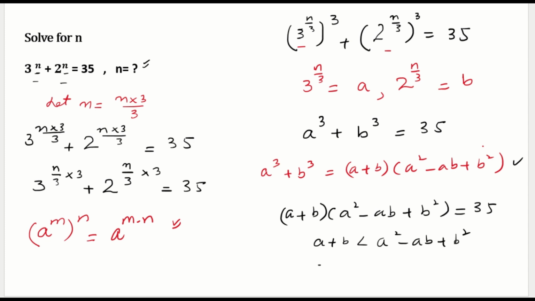When we take values like a is 3 and b is 2, we get 5 when we add 3 plus 2, and 3 square minus 3 into 2 plus 2 square gives 7 when we evaluate this expression. So 5 is less than 7.